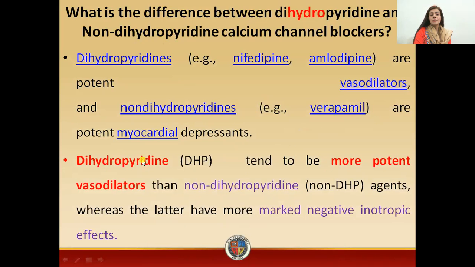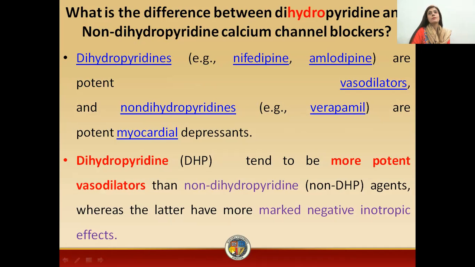So you can say the DHPs are the potent vasodilators, while the non-DHPs are the agents that produce an increased negative inotropic effect.